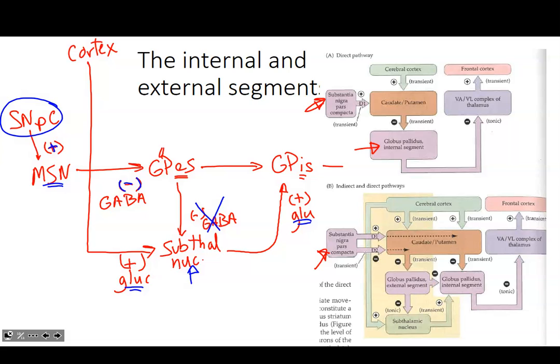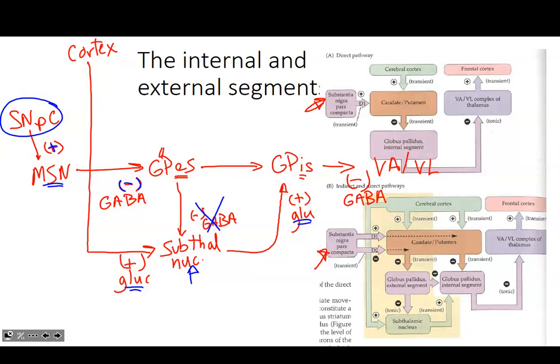So we have an increase, I'm running out of space here, but we'll get the idea. We have increased inhibition. We're stimulating the internal segment to release more GABA and keep the brakes on the thalamus. This may seem unusual. These pathways seem to oppose each other, and they do.